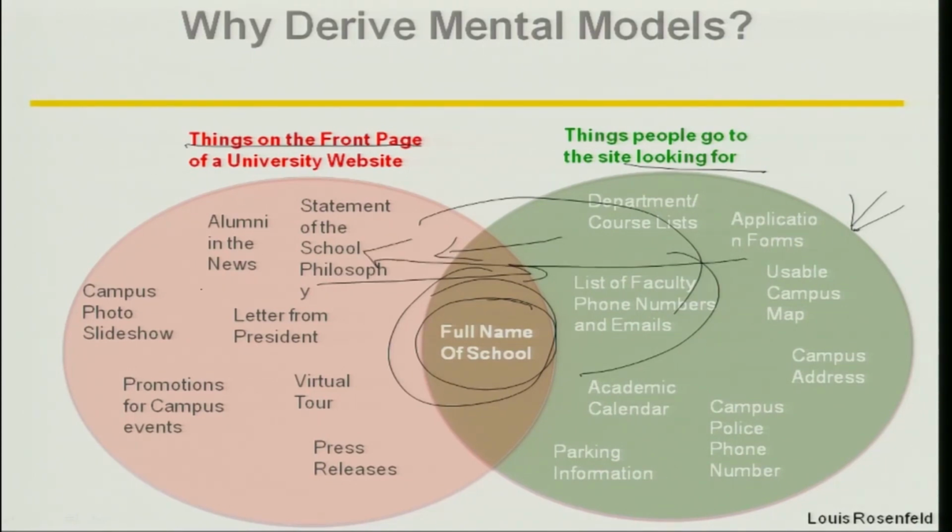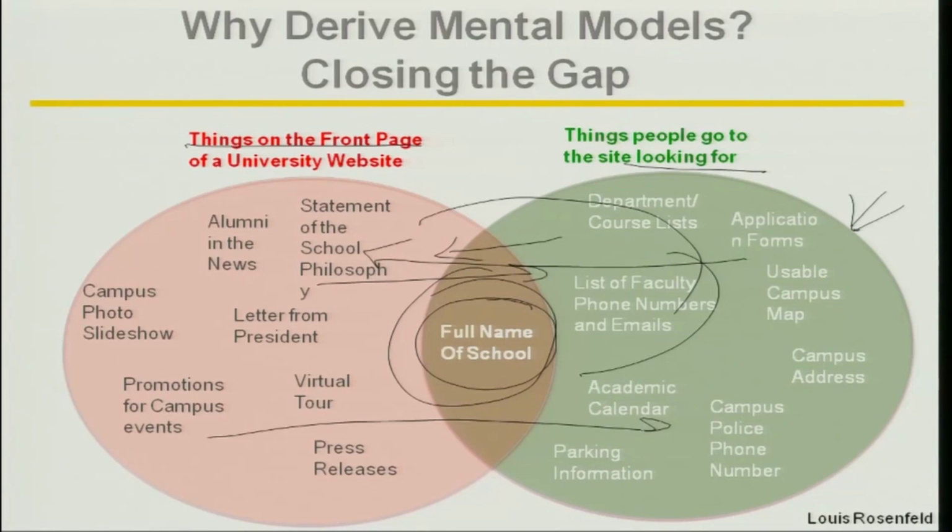We design it to be this, okay? That is the purpose of mental models, to close the gap, the big gap between what we think the design needs to be, we the designers, we the engineers, versus what the user thinks the design needs to be, okay? That's the gap.